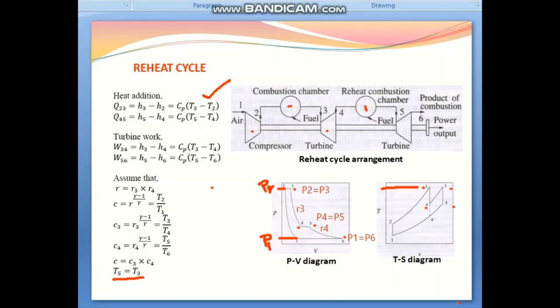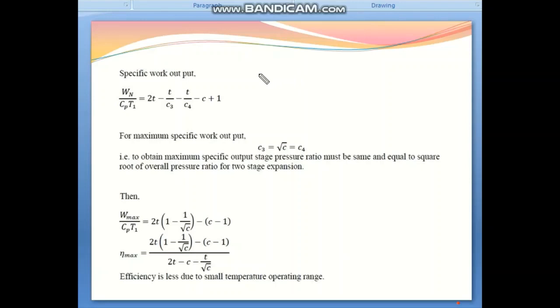Okay, so the specific work output becomes Wn by Cp into T1 equals 2 into T minus T by C3 minus T by C4 minus C plus 1. To gain the maximum specific work output, we have to assume that C3 is equal to C4, that means it's a GPC series.